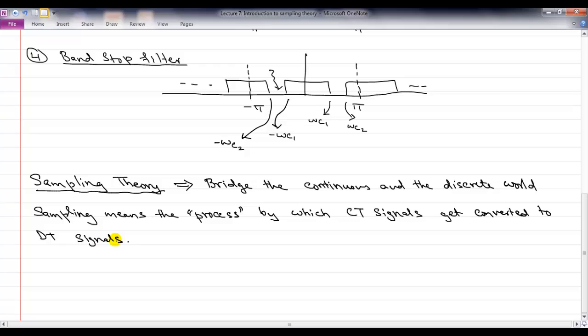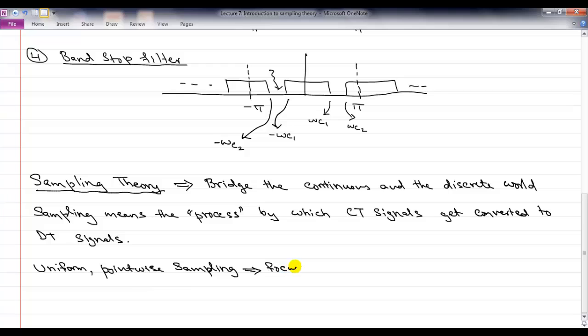Now there are many different types of sampling, but we can only touch upon the most commonly used type of sampling, which is called uniform pointwise sampling. That will be the focus of our class.